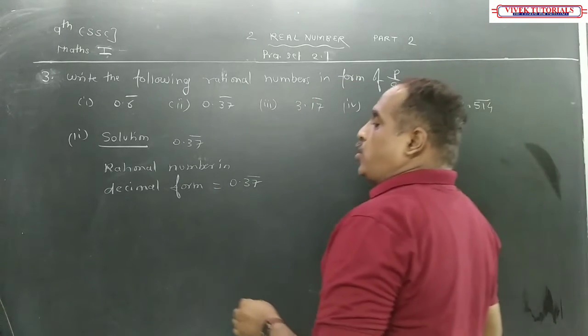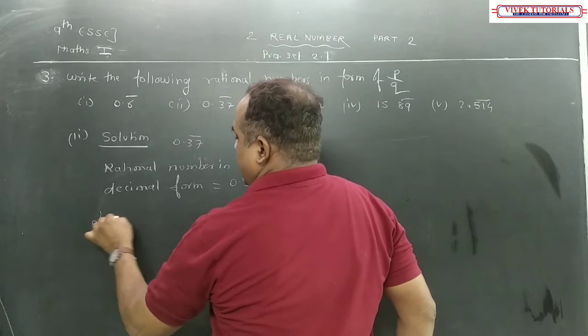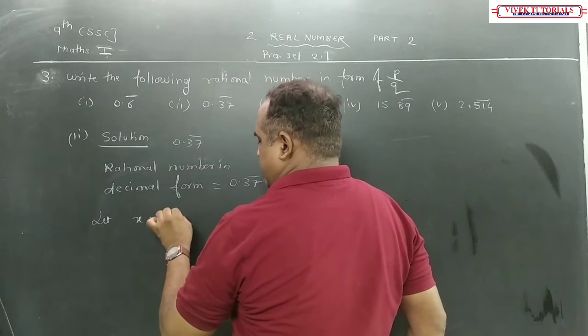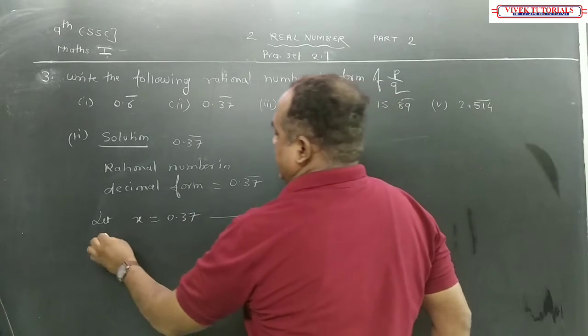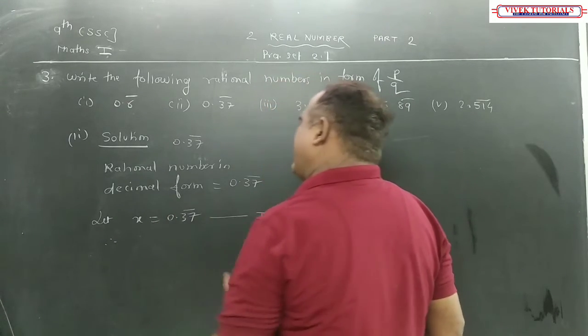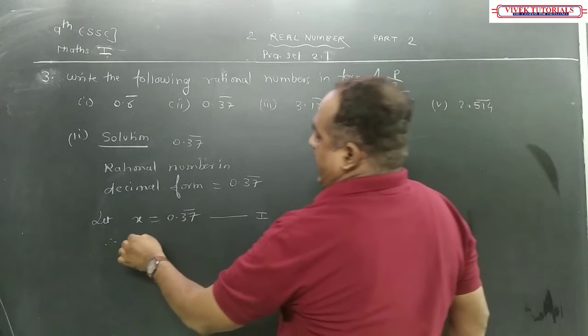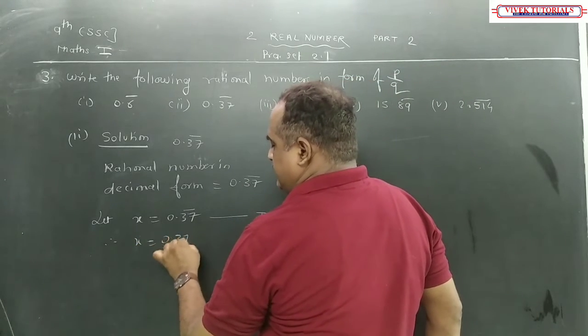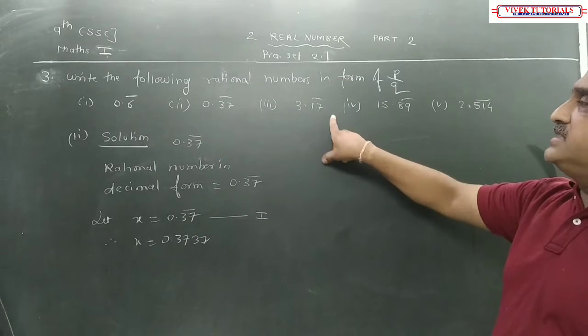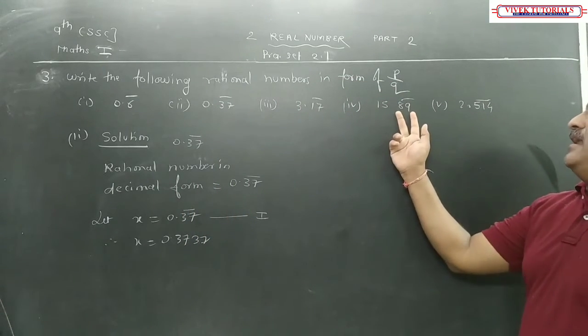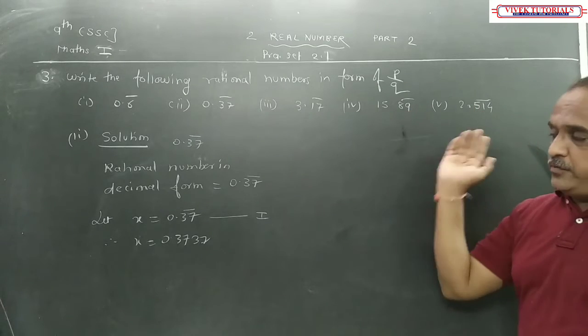So what you are going to do is let x is equal to 0.37. I'll put it as equation 1. You can put it as recurring. x is equal to 0.3737. Two times you are going to write. Here I will write 1717. Here I will write what? 8989. Here I will write 514 514.